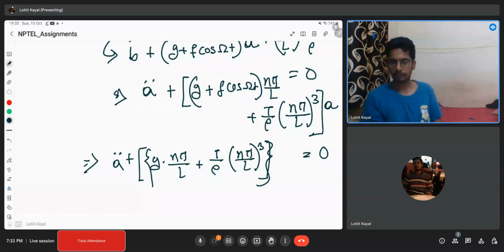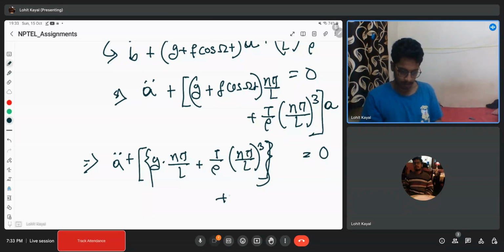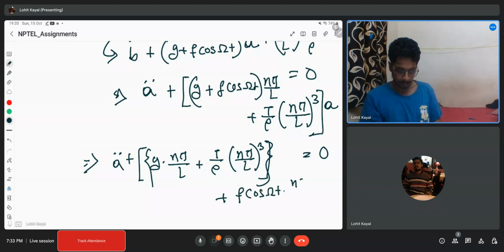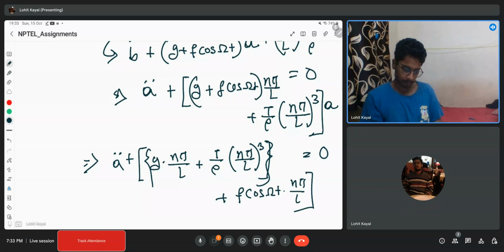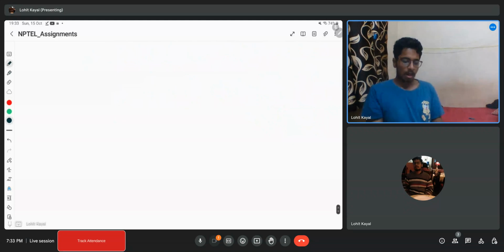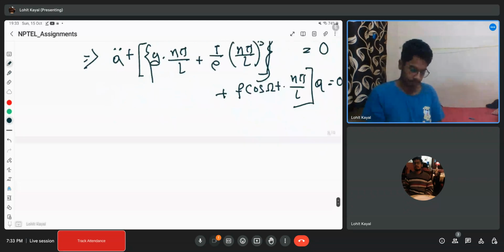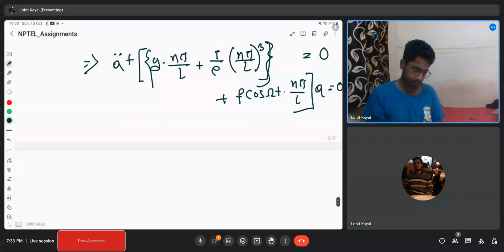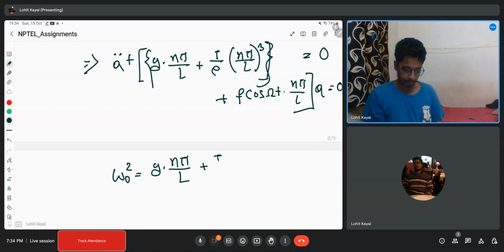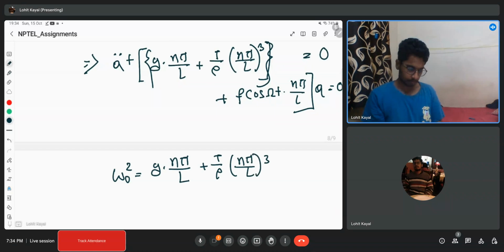That is the original frequency of the system, plus F cos omega t into n pi by L times A is equal to 0. So let us define omega 0 squared equal to G into n pi by L plus T by rho (n pi by L) whole cube.